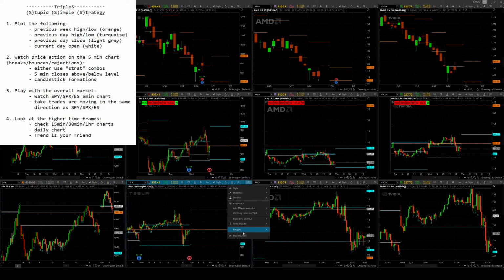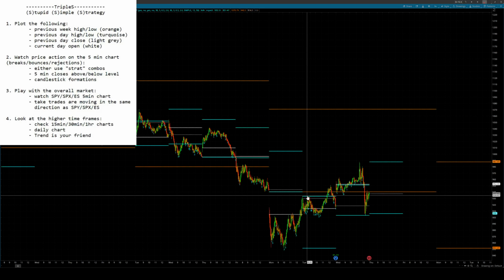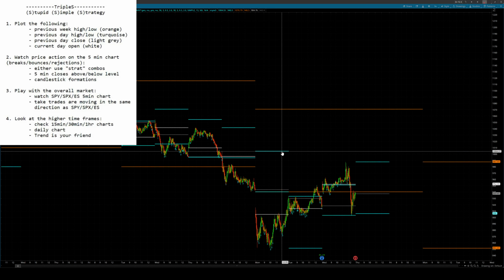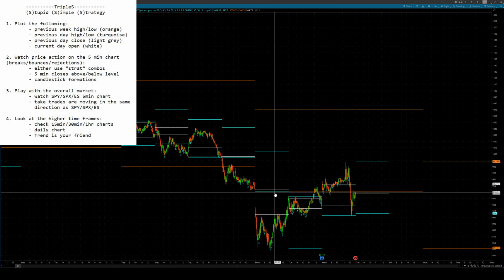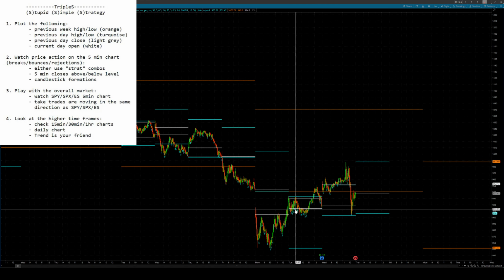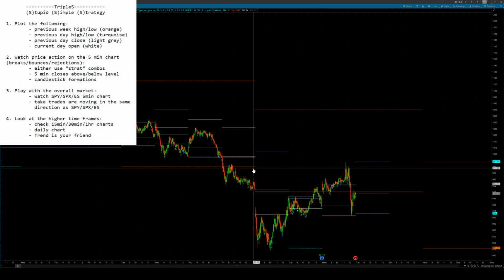So the first thing we'll look at is the levels you want to plot. There's only a few levels you look at. That is previous week's high, low, previous day's high, low, previous day's close, and the current day's open. For example, you can see here, this is Tesla's week right here.